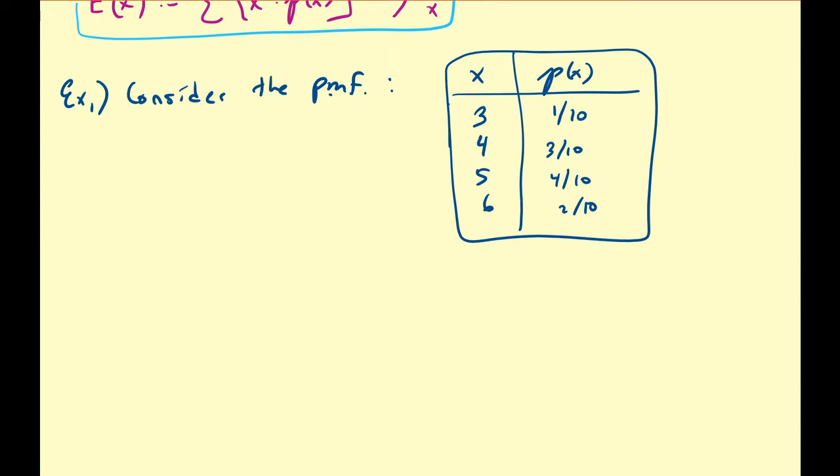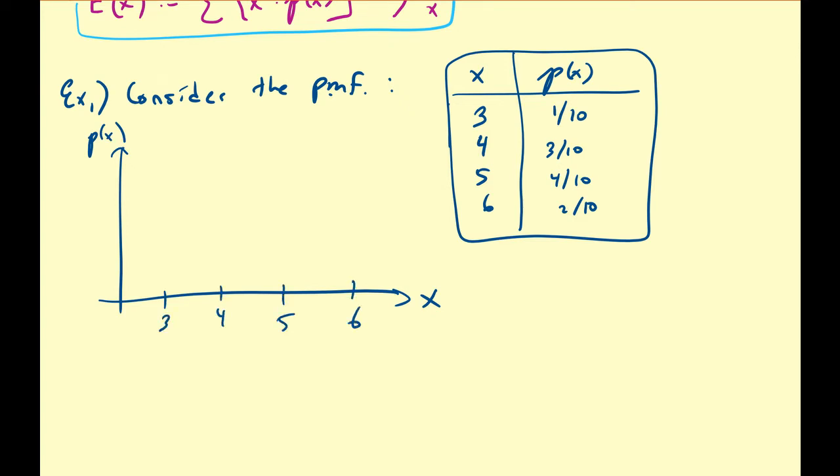And let us also graph this so we can discuss a couple properties of this. So this is x, and this is going to be p of x. So the values are 3, 4, 5, 6, and we have 1 through 4 tenths. So 1 tenth, 2 tenths, 3 tenths, 4 tenths. So we have 1 tenth there, 3 tenths, 4 tenths, and 2 tenths.